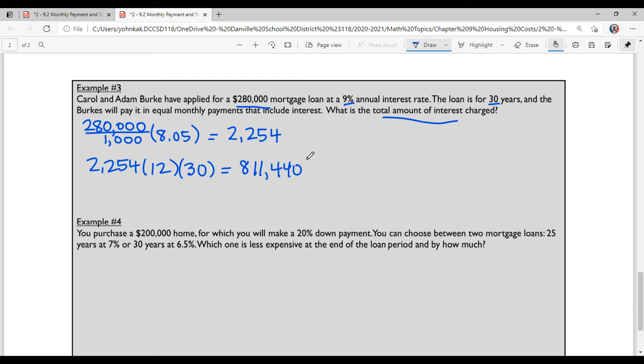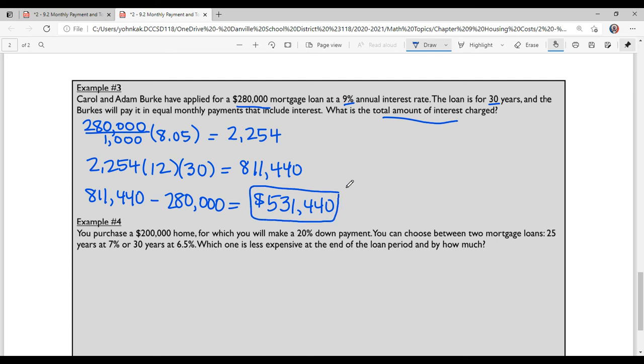And then finally, to find the amount of interest charged, I'm going to take the amount that I paid, $811,440, and subtract the amount that we borrowed, $280,000. This is going to give me an interest amount of $531,440. That is more than the price of the mortgage.